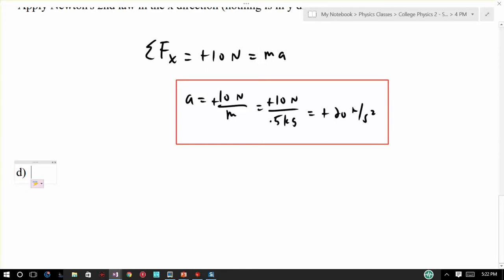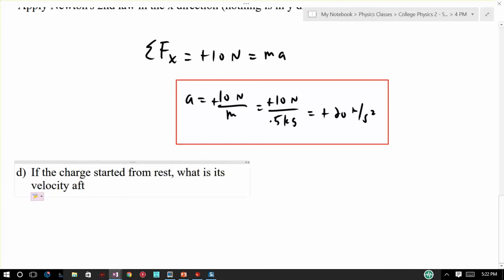So the next question is this: if the charge started from rest, move this over here, it's easier. If the charge started from rest, what is its velocity after it has traveled a displacement of 20 centimeters in the positive x direction?